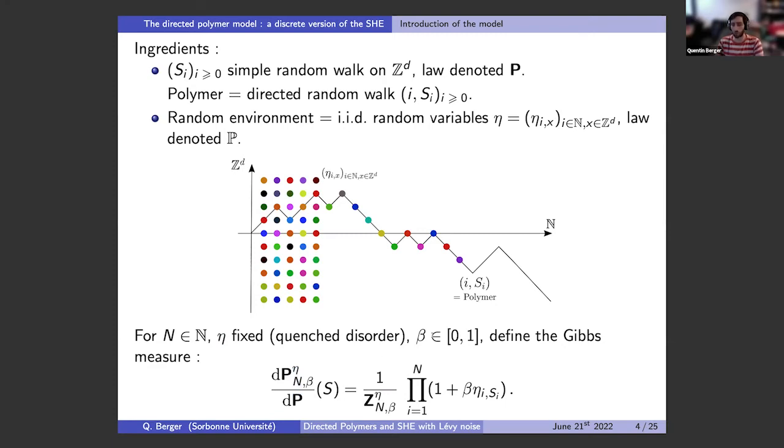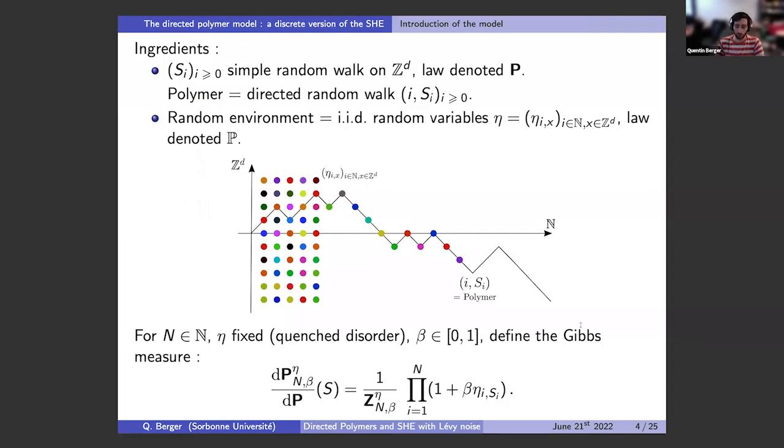And beta is a parameter that tunes the coupling between the polymer and its environment. If you take beta equals 0, all trajectories will have the same weight, so it's the uniform measure on all trajectories.